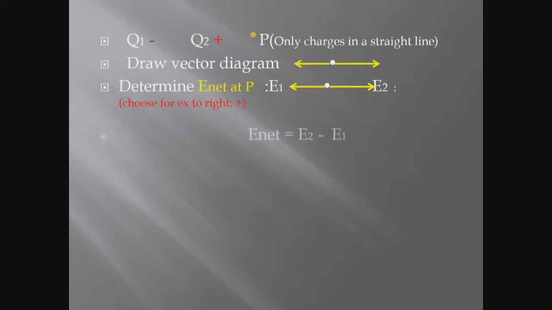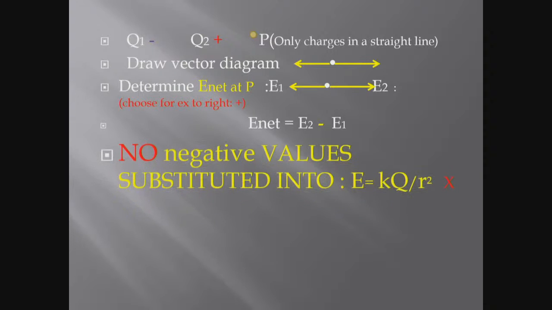And now you calculate the electric field E1 through point P and then E2 through point P. And now you realize, according to my vector diagram, I must subtract the two electric fields from each other to get the magnitude of the net electric field. The direction we will come to in the next point.